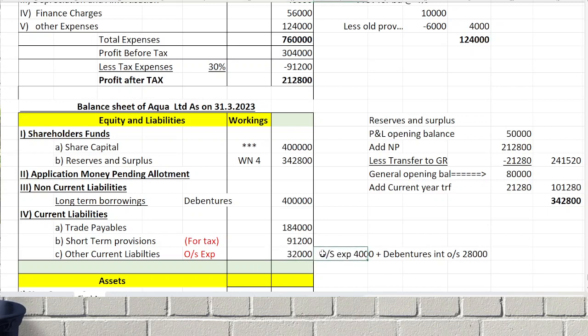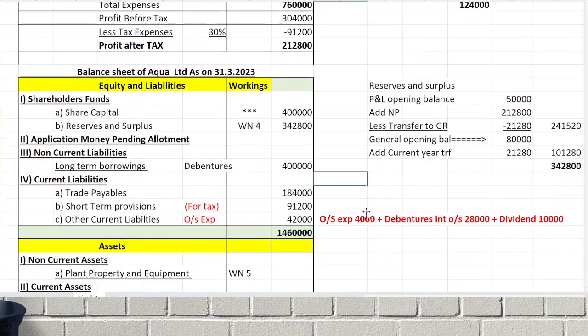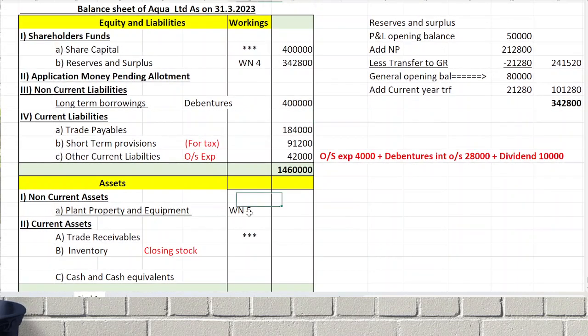See if there is anything else. Unclaimed dividend also. How much is the unclaimed dividend? 10,000. So outstanding expenses, debenture interest outstanding and unclaimed dividend, all those things are given in which one? Trial balance itself.